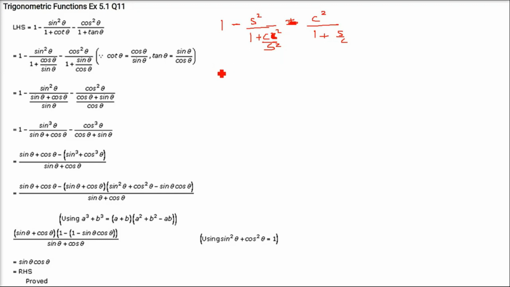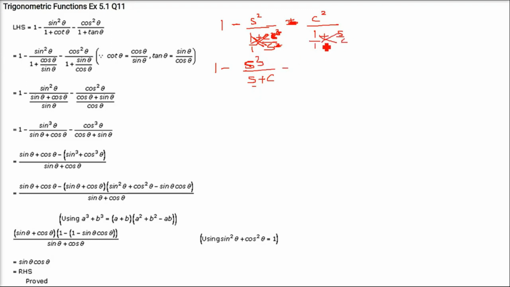So what do you get here? 1 minus, now just see here, sine square plus cos square by sine square. Sine plus cos by sine, and sine square is already there. So I am taking this sine in the numerator, and it will be sine cube.